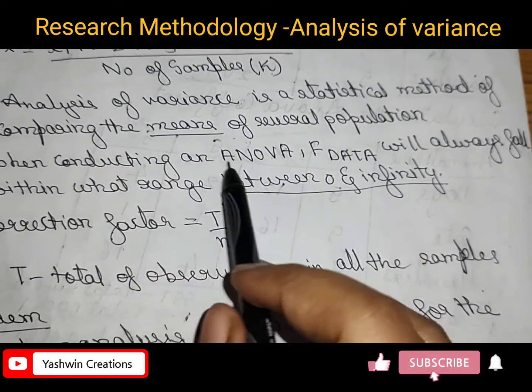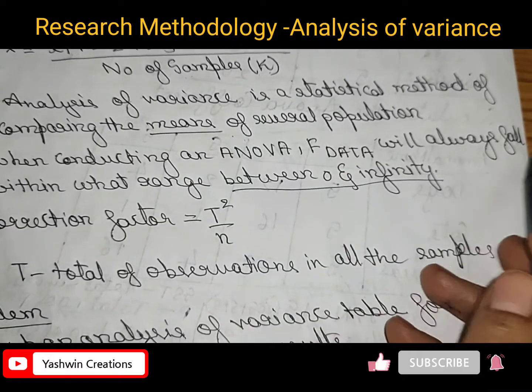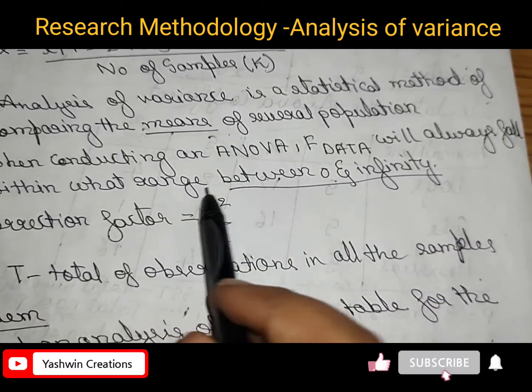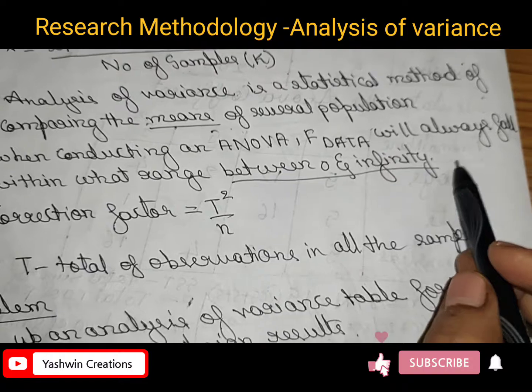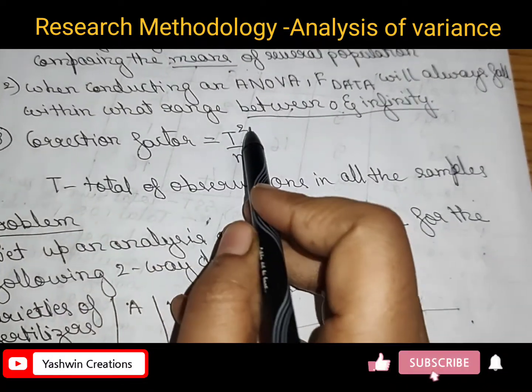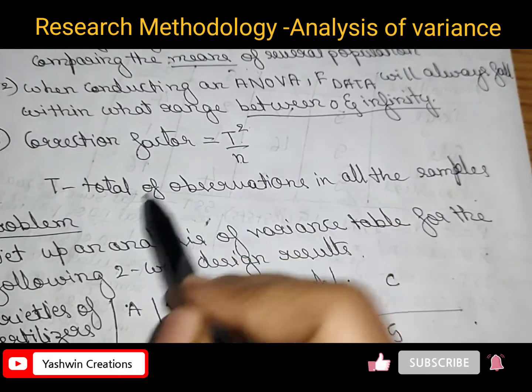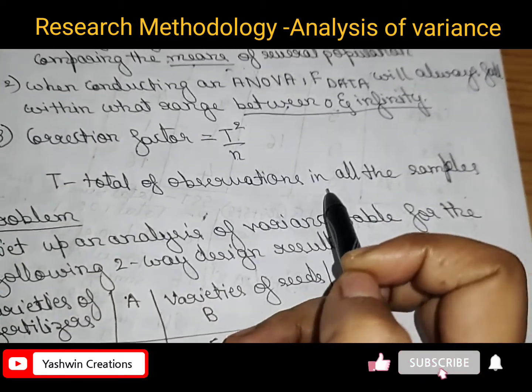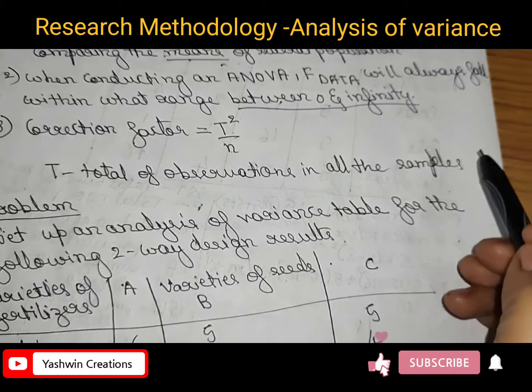When conducting an ANOVA, the F ratio will always fall within what range? Between 0 and infinity. And next, the formula of correction factor equals t square divided by n. What is t? It is the total of observations in all the samples.